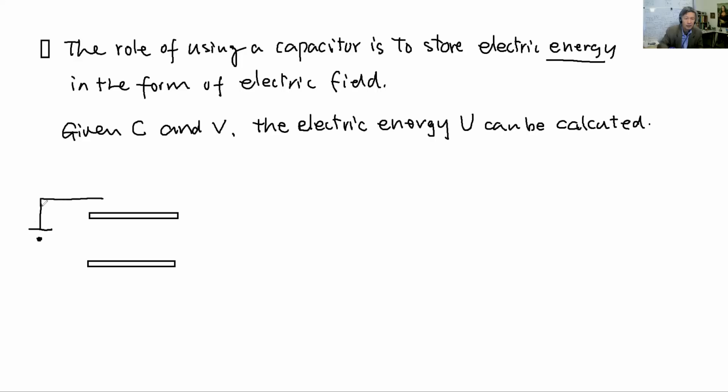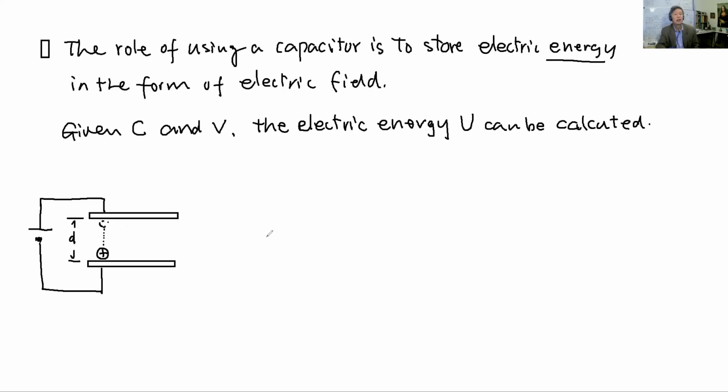It gives you a feeling that you take some effort to move the charge over there. For example, this is positive. If you want to move the positive charge across this, then you have done the work. Do you agree? If you want to move this charge to here, remember the gap distance is d.